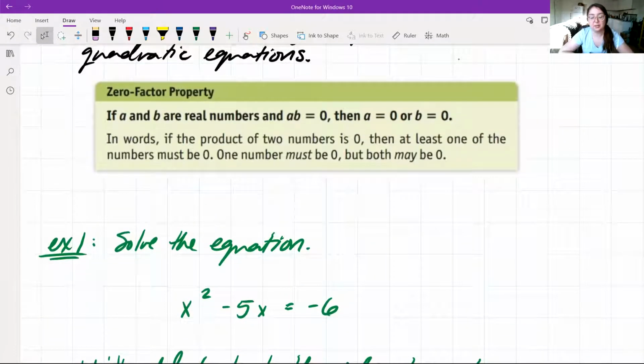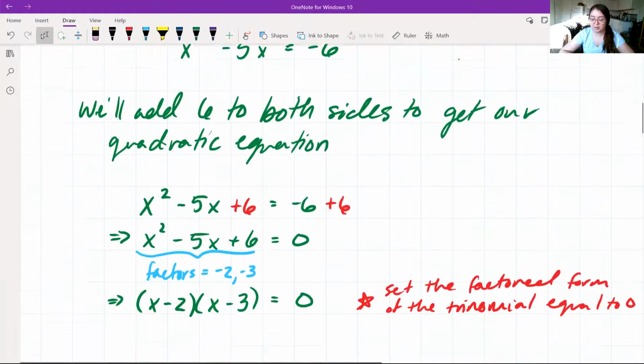So our zero factor property told us that if A and B are real numbers or real expressions, then if A times B is equal to 0, then A equals 0 or B is equal to 0.